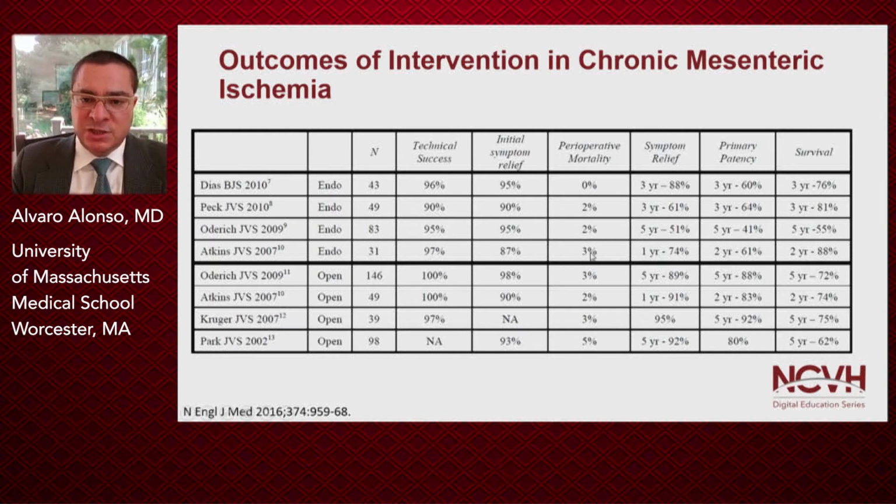The mortality tends to be lower with endovascular approaches, as has been discussed. They report 5% in some of the studies. But the endovascular approach may lead to further procedures, where there's lower patency than with bypass grafting. And so individual decisions may come.